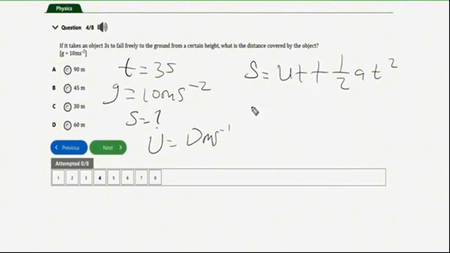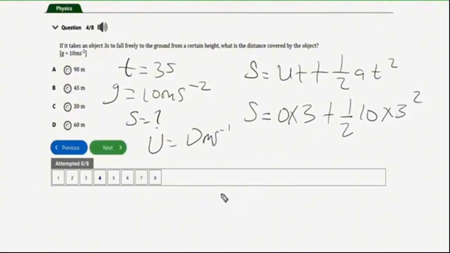So our distance x will be, initial velocity is 0, that's 0 times our time 3, plus half, now our a is acceleration due to gravity, which is 10, times 3 square.